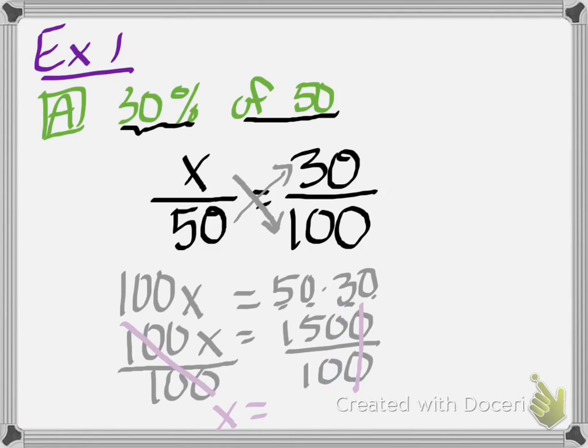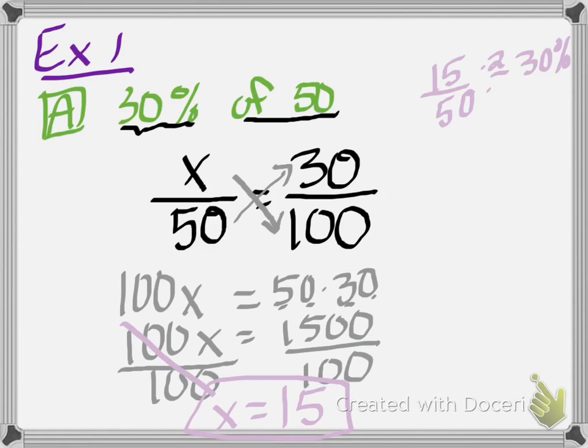Okay, either way works. Regardless, your answer is 15. So 15 over 50 should equal 30%. And I can check this. 15, if you multiply it by 2 over 2, you get 30 over 100, which is exactly what we wanted.